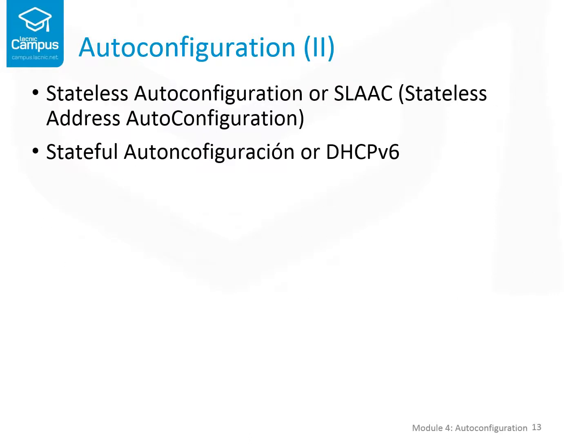So we have two tools: stateless auto-configuration or SLAAC, when flags M or O are set to 0, and stateful auto-configuration or DHCPv6 when the flag's value is set to 1.